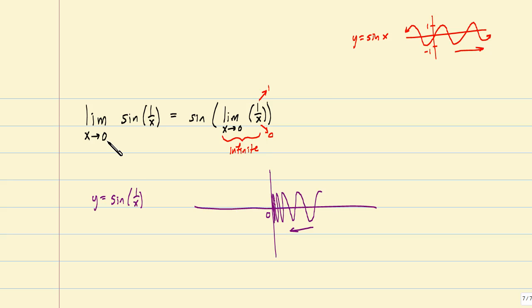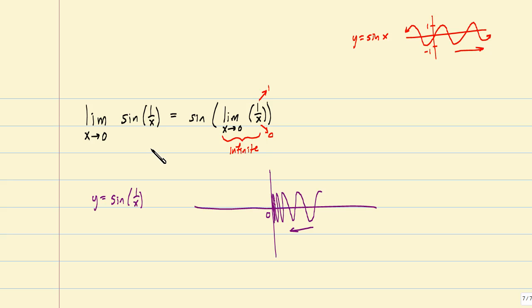Similarly, on the other side of 0, if we were to approach from the left, so our x values are always negative, 1 over x is going to be large in magnitude, but negative still. And what happens when we get closer to 0 is that this gets larger in magnitude while staying negative.